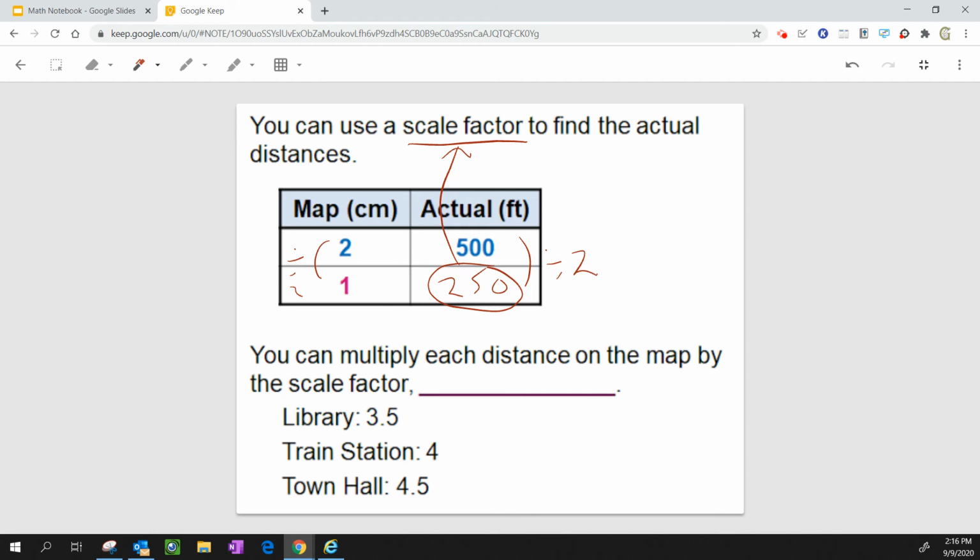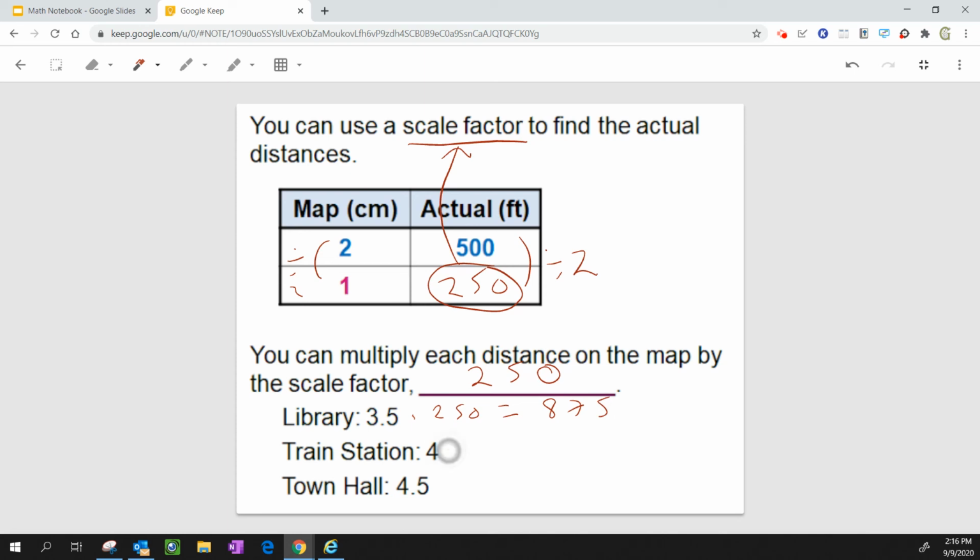Okay, so 250. So in order to help us solve this problem then, we could do kind of what we did in the double number line. We just multiply each distance on the map by the scale factor, just like we were multiplying the top number times 250. So the scale factor we said was 250. So I could do 3.5 times 250, which again was 875.